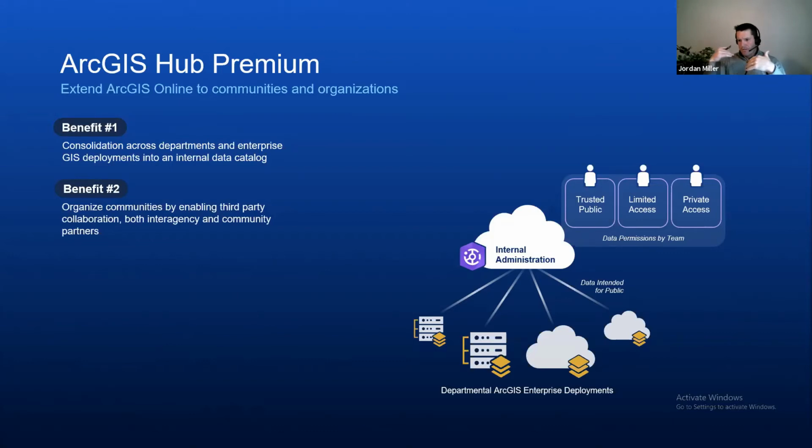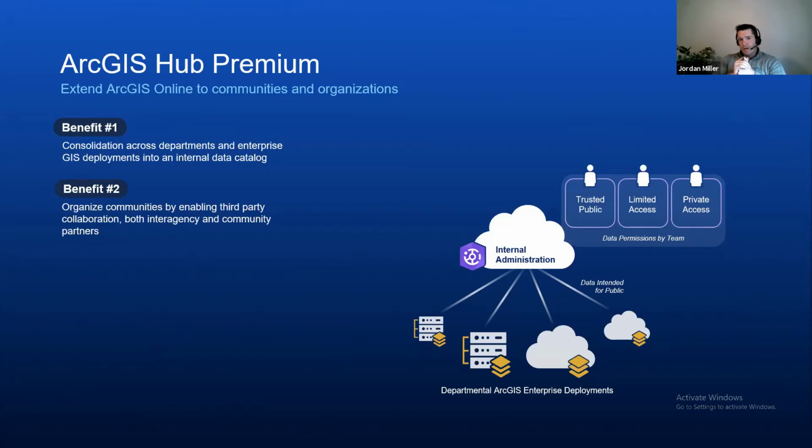So we try and deliver out really nice looking applications, very informative applications and data sets and things like that. We have that category. But we also can start to, especially with Hub Premium, can start to work with other levels of this, such as the trusted public.